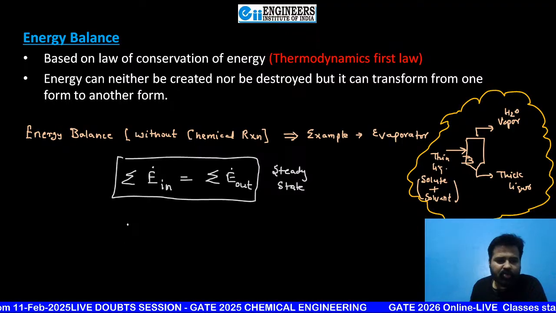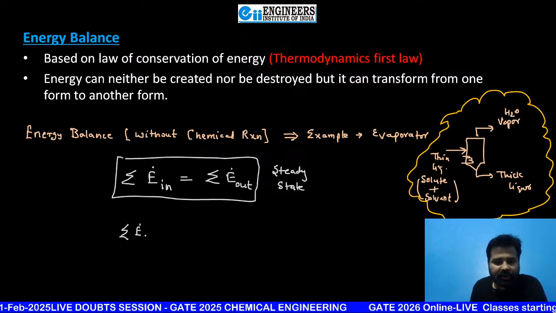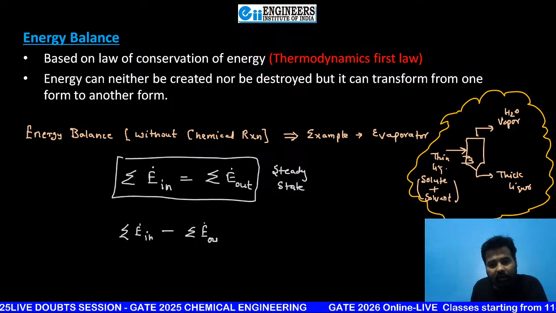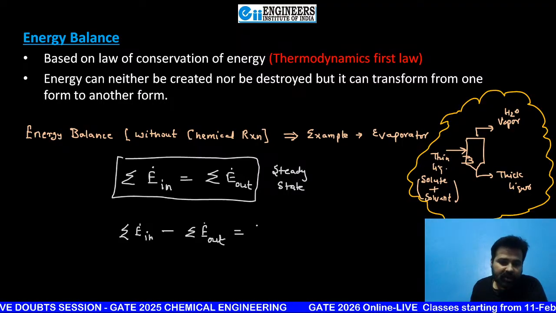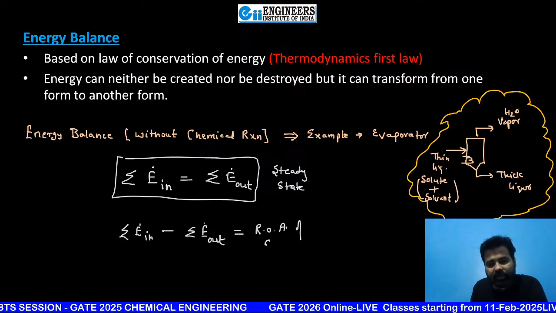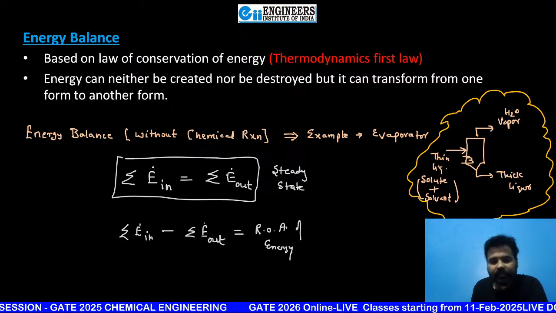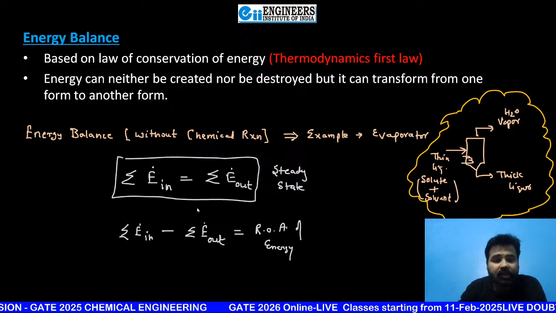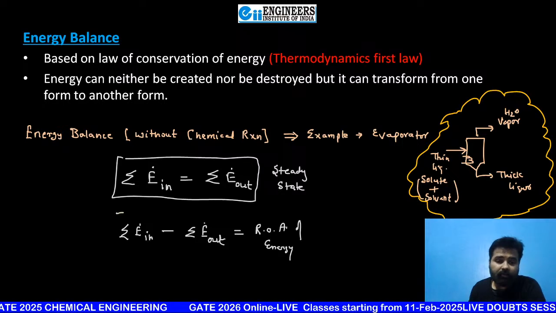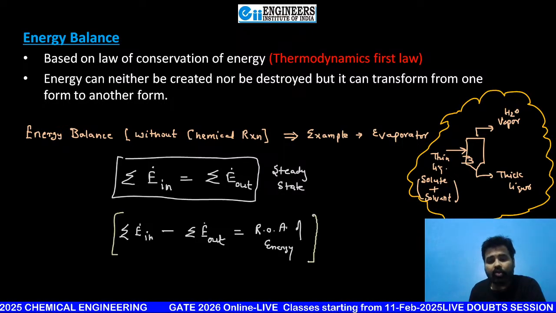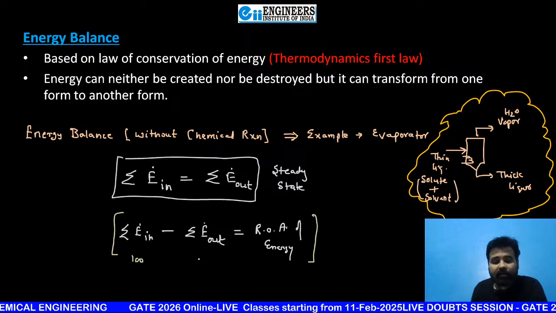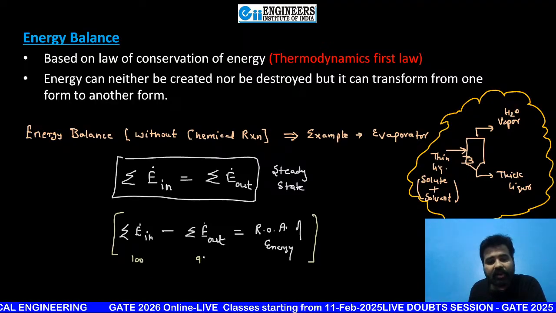In a similar manner, my dear students, you can write: summation of all energy in minus summation of all energy out equals the rate of accumulation of energy inside that system. And beta, see here, the accumulation: I told you that you are giving 100, and at the exit side you are getting just 92.